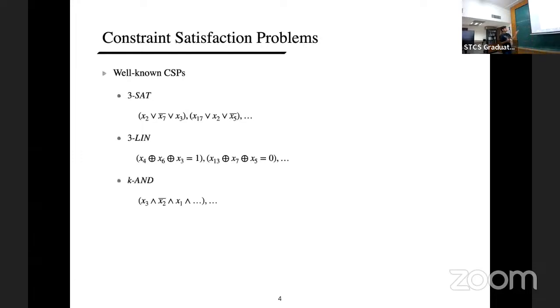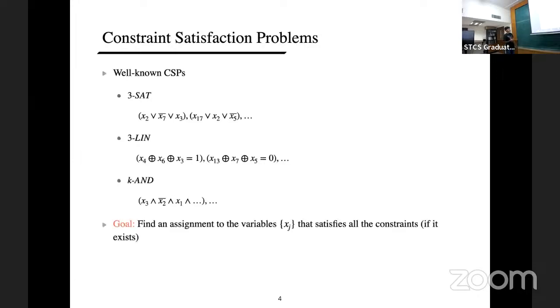And in K-AND, each constraint is an AND of K literals. Again, the task is to find an assignment that satisfies as many constraints as possible. So these are different predicates: this is the SAT predicate, this is the 3XOR predicate, and this is the K-AND predicate.